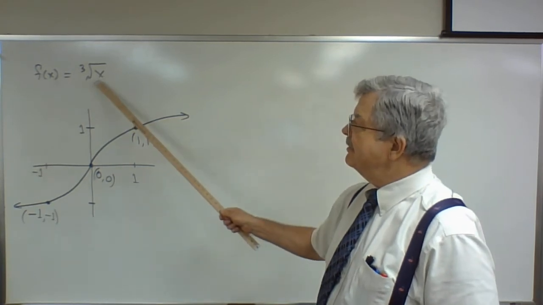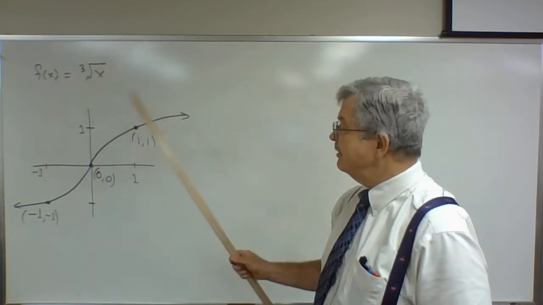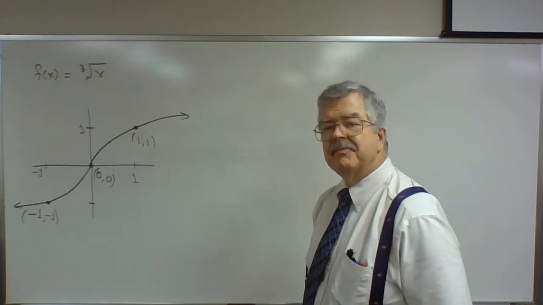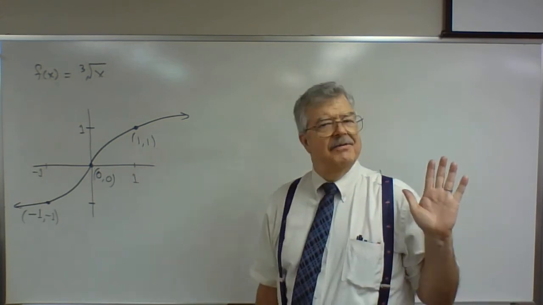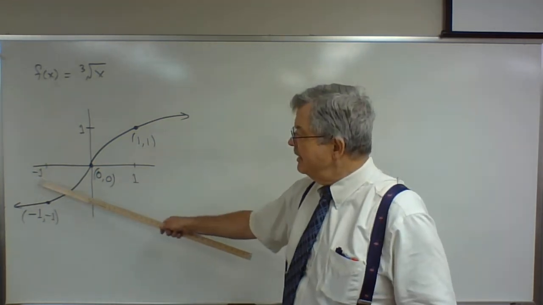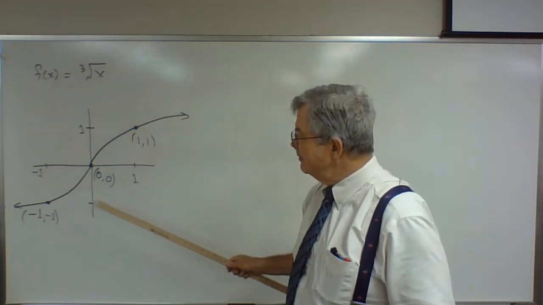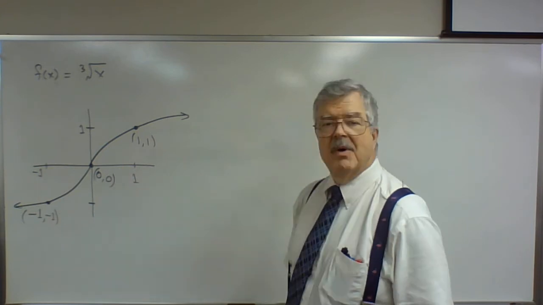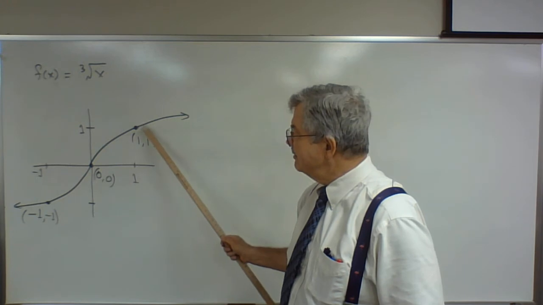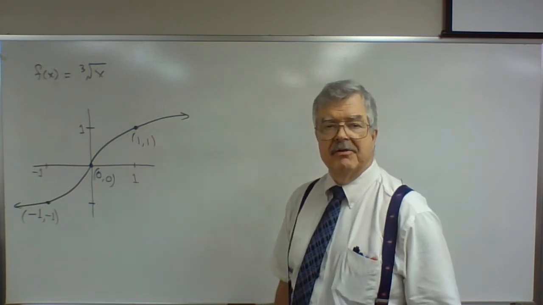Another of our basic functions, the cube root of x, and we remember what its graph looks like. If we black out and forget for a second, just remember our three friends, x equals -1, x equals 0, x equals +1. We can use those x values to plot points on the graph.